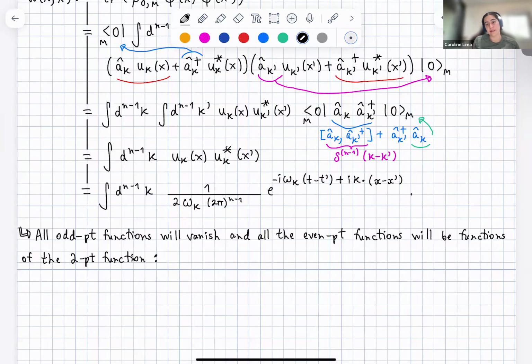When this happens, we call this state a quasi-free state. So the Minkowski vacuum is a quasi-free state. Another nomenclature for this is a zero mean Gaussian state.